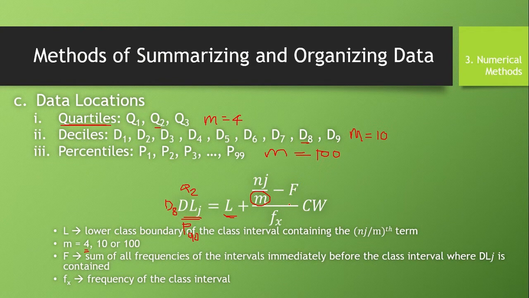Now what's the uppercase F? The uppercase F refers to all the frequencies immediately before the class where the DL sub j is contained, meaning this refers to the frequency before the Nj over M's term. Then F sub x is the frequency of the class interval where Nj over M is located.